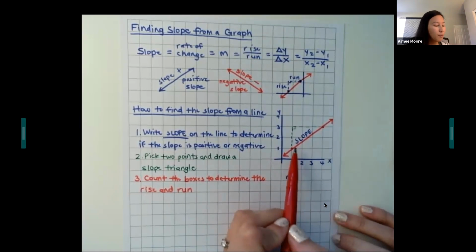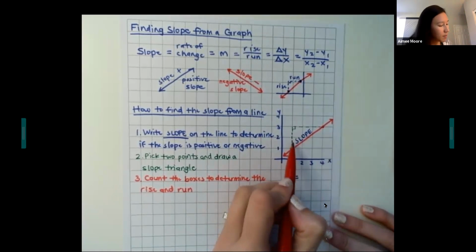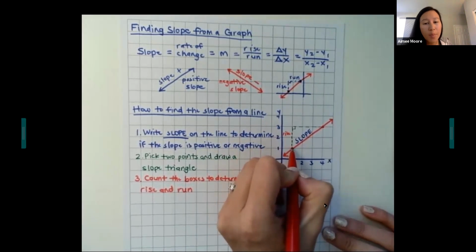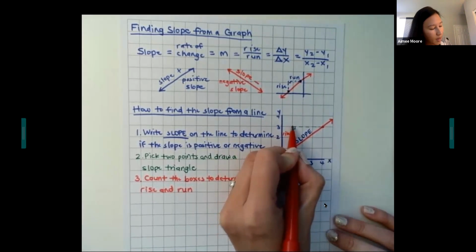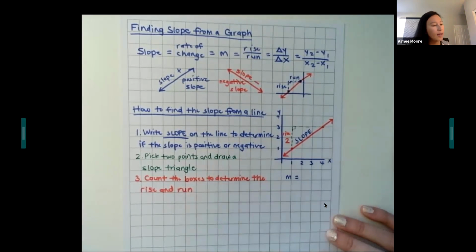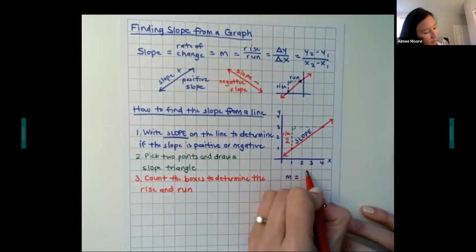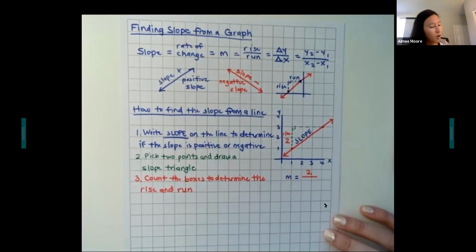When you think of rise, usually things going up, right? And so it's the same. This is going to be our rise right here, which is you just count the boxes. So we're going up 1 box and up another box. So our rise is 2. And the rise goes at the top. So we know our slope is a positive 2 over whatever our run is.